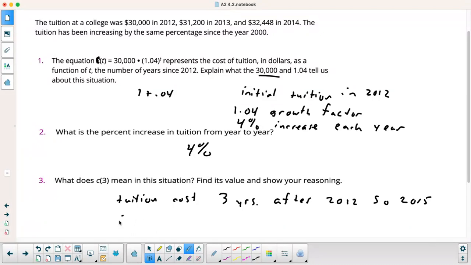So it's going to be C of 3 equals 30,000 times 1.04 to the third. So it ends up costing $33,745.92. Okay.